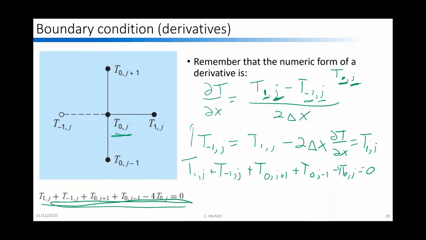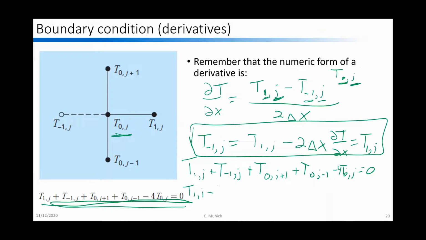I can plug in this equation here, so we would get t1 comma j plus t1 comma j minus 2 delta x partial t partial x plus t0 j plus 1 plus t0 j minus 1 minus 4 t0 comma j equals 0.